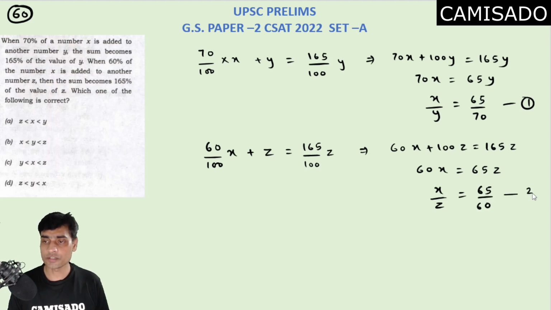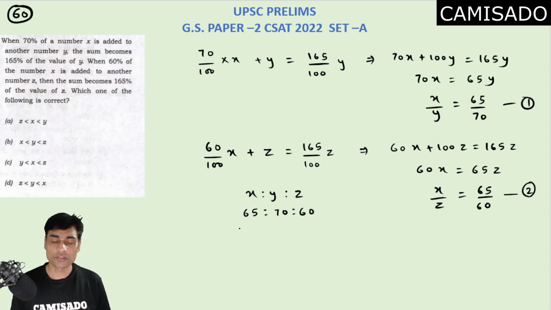This is again a new ratio. So we can say x is to y is to z is 65 is to 70 is to 60. So here we can say that y is greater than x is greater than z, or in the reverse order we can say that z is less than x is less than y, and this is your option number D.